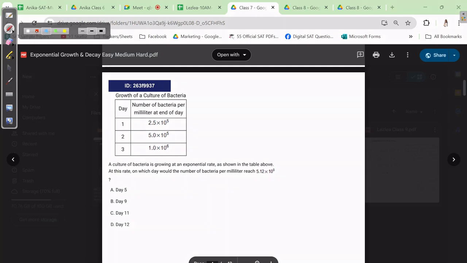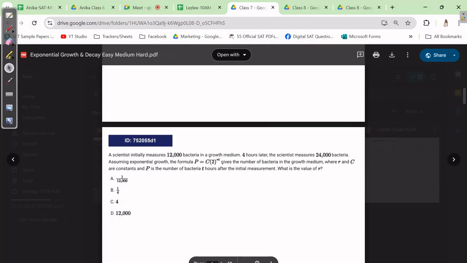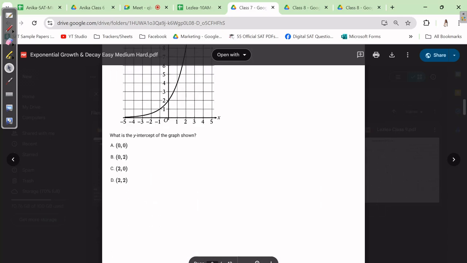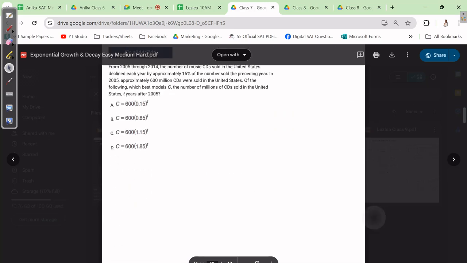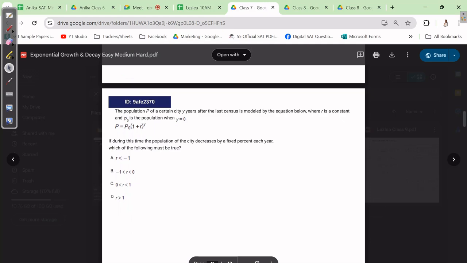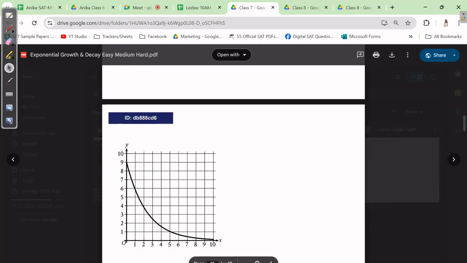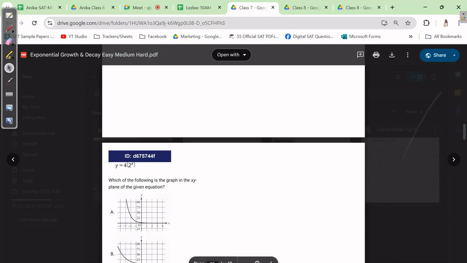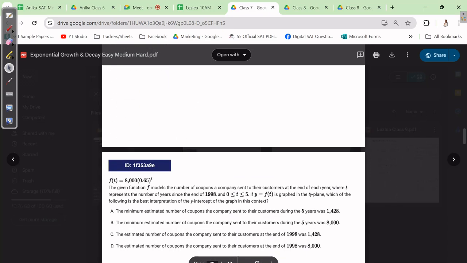Or let me see if there is a question type for which I haven't taught you the concept. You can do this. This is slightly tricky. I think you should be able to do everything with whatever we have done so far.